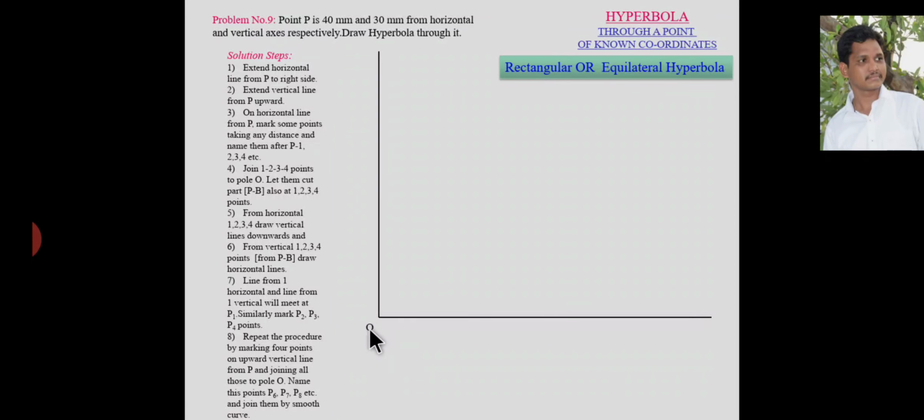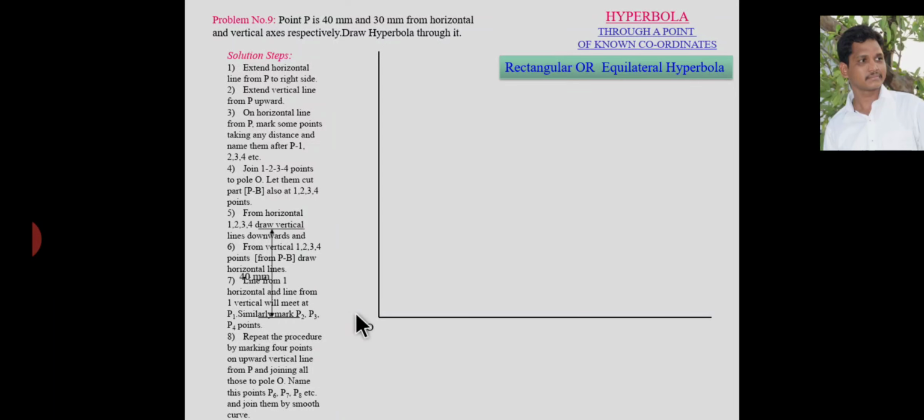This is the origin. Then you have to locate the point P at a distance of 40 mm from the horizontal axis. This is the horizontal axis, this is the vertical axis, the x-axis and y-axis.